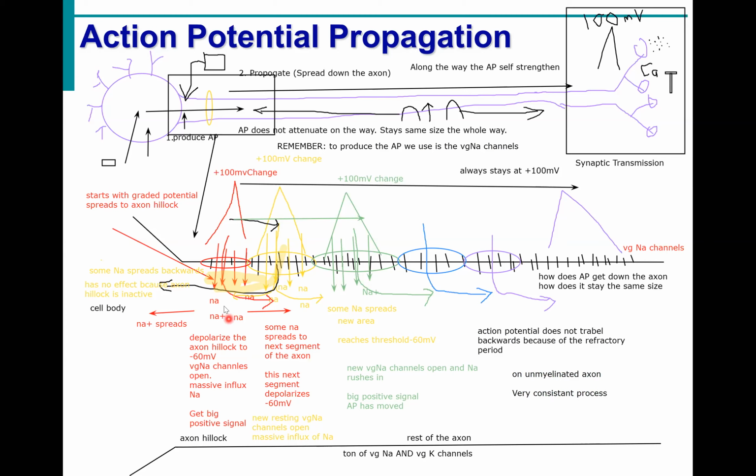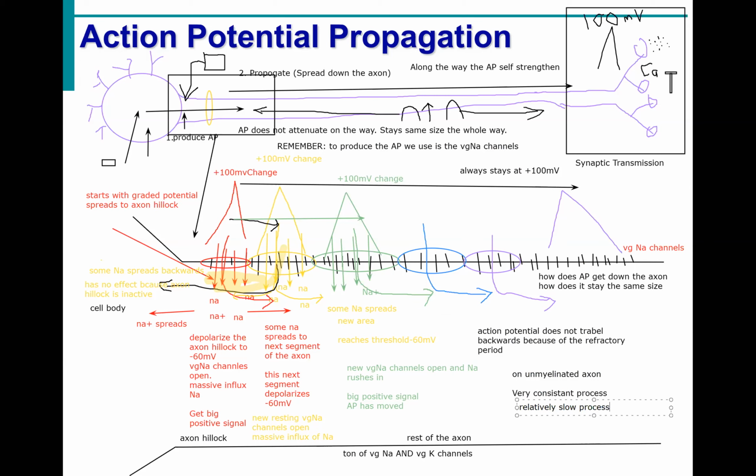And notice, none of the first sodium ions that came in are going to make it down to the end. It's always new sodium that's coming down. And it's always the same size, and it's very consistent. But the key problem with this is that it is a relatively slow process.